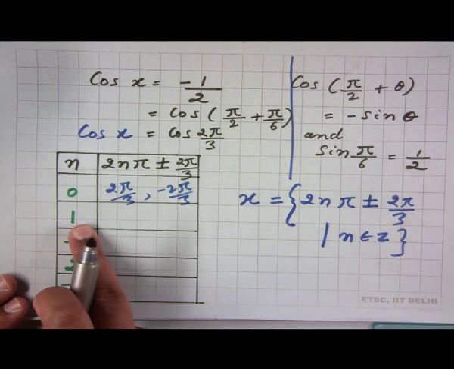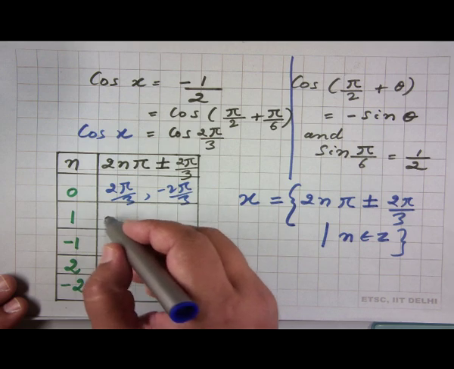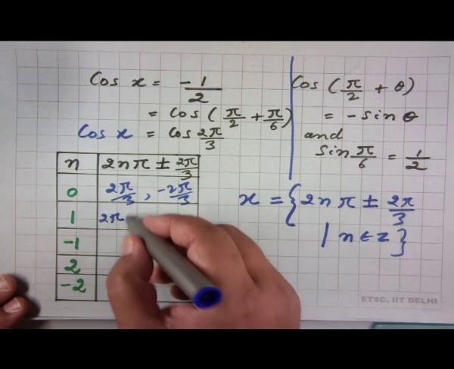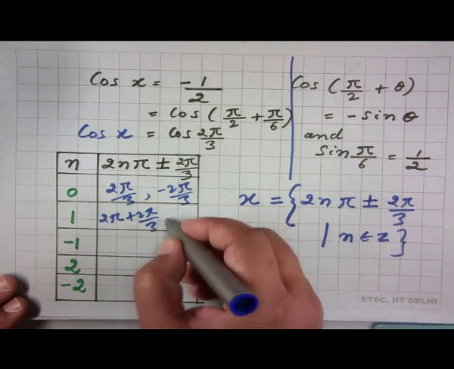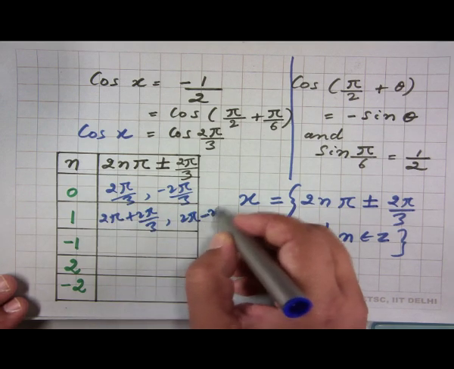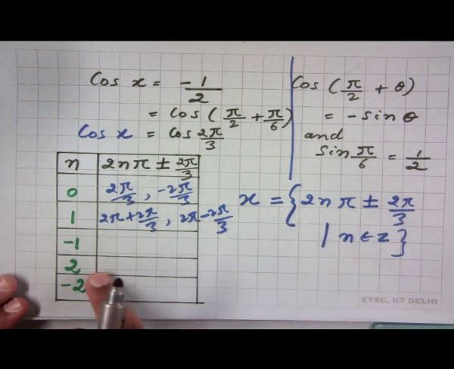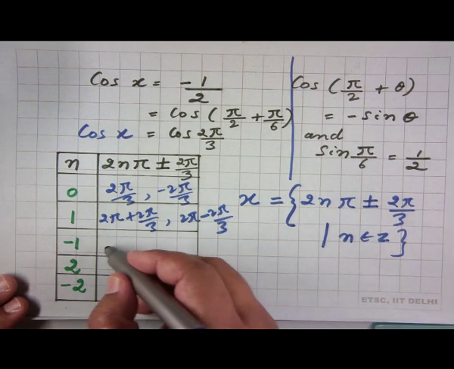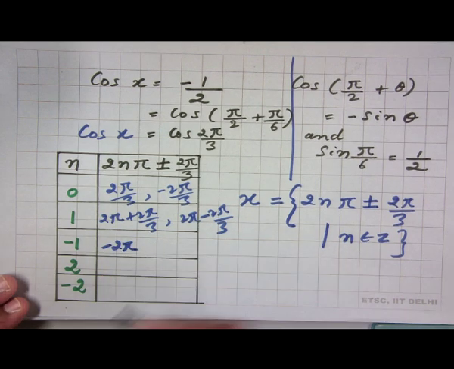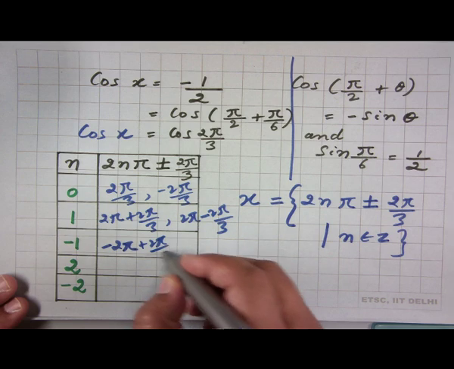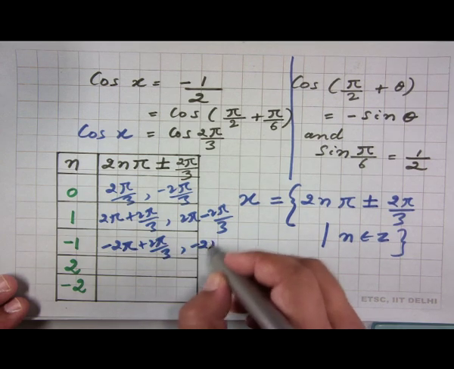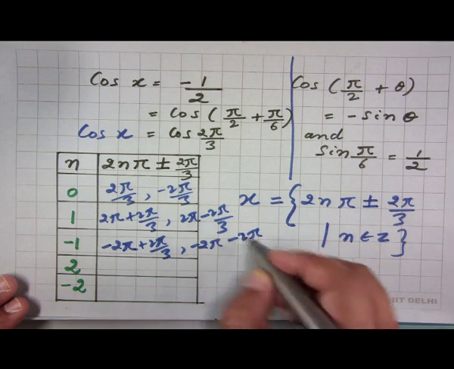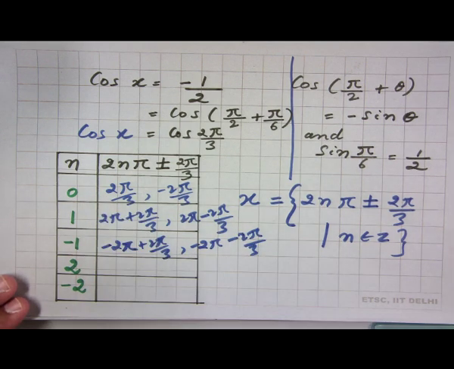With n equal to 1, we again get two solutions, 2 pi plus 2 pi by 3 and 2 pi minus 2 pi by 3. With minus 1, we get the solutions minus 2 pi plus 2 pi by 3 and minus 2 pi minus 2 pi by 3. And we can keep on going like this, and all of these are solutions to this equation cos x equal to minus half.